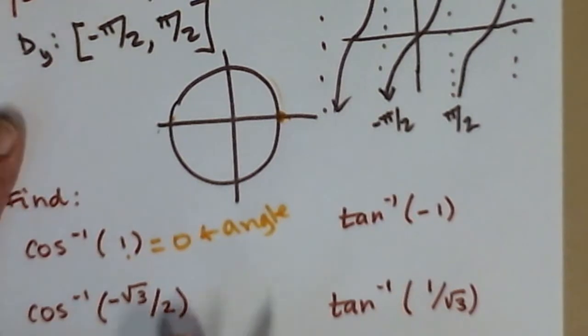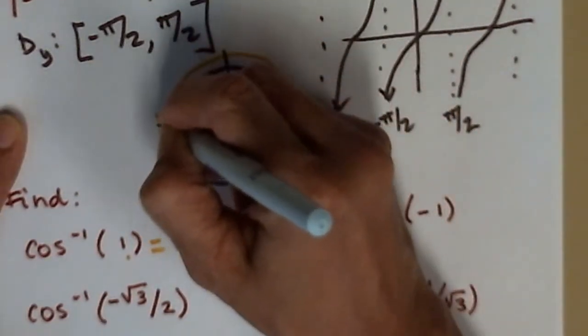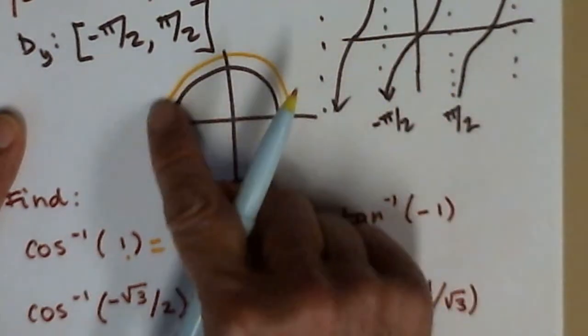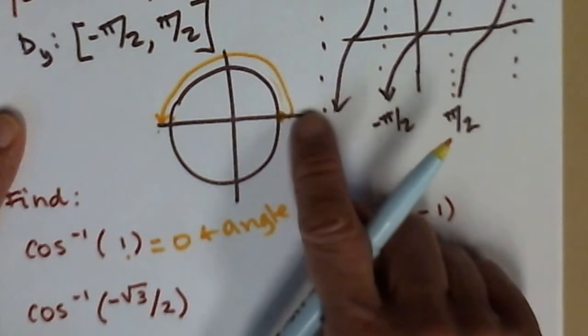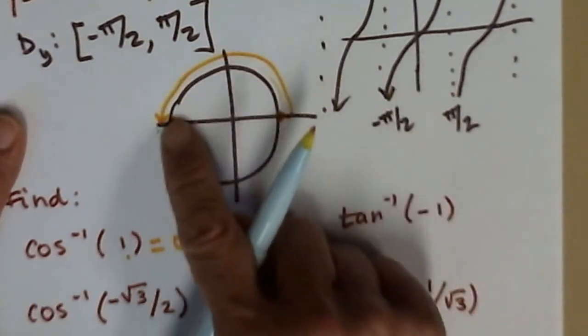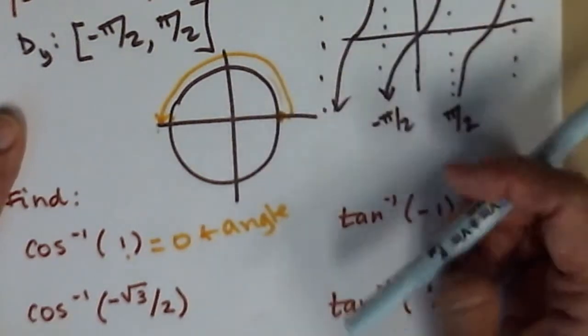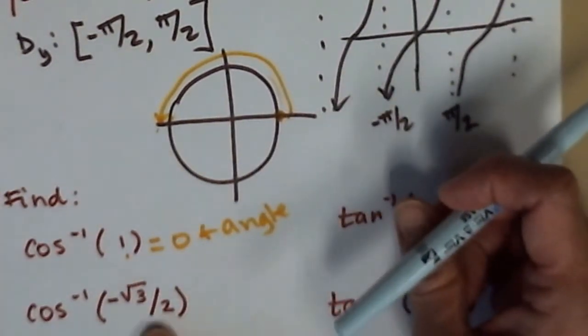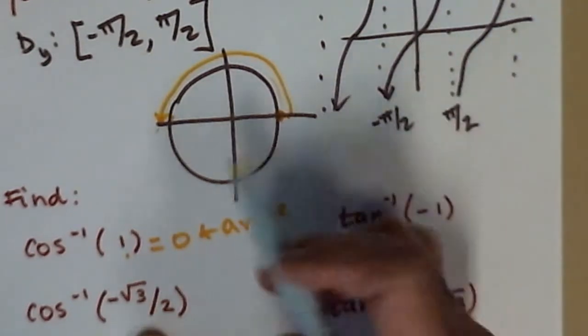Okay. What about negative root 3 over 2? So remember, I'm on this chunk right here. These are the x values. These are the angles I'm interested in so that my cosine is 1 to 1 between 0 and pi. So I need to find the rotation that leads to a cosine, an x value, of negative root 3 over 2.